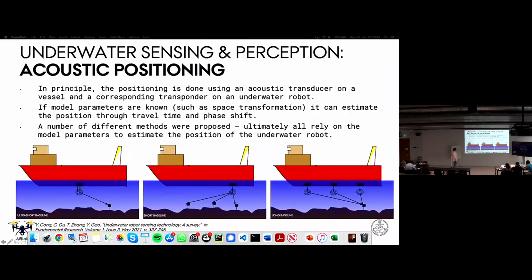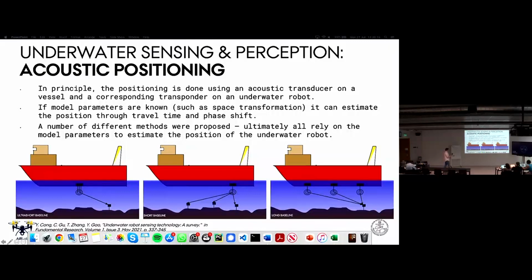There's also the principle of acoustic positioning. In principle, the positioning is done with an acoustic transducer in a vessel and a corresponding transponder in an underwater robot. If the model parameters, like the space transformations, are known, then we can estimate the position through travel time and phase shift.